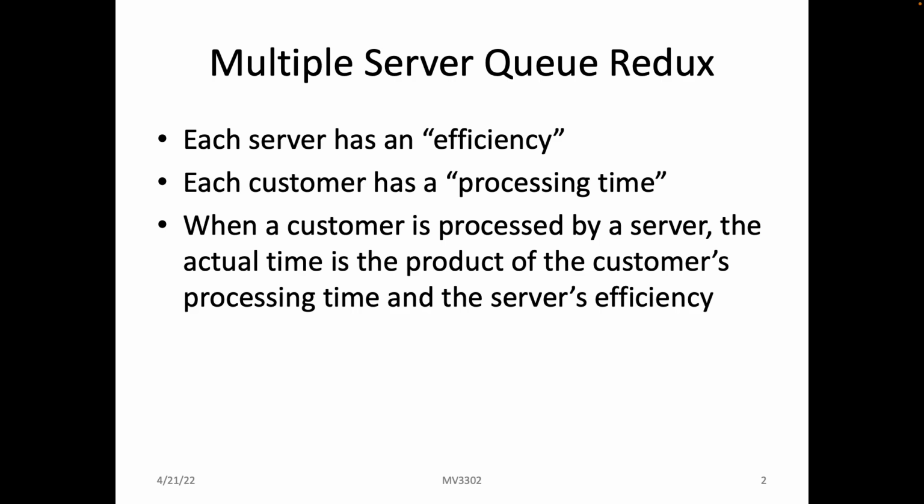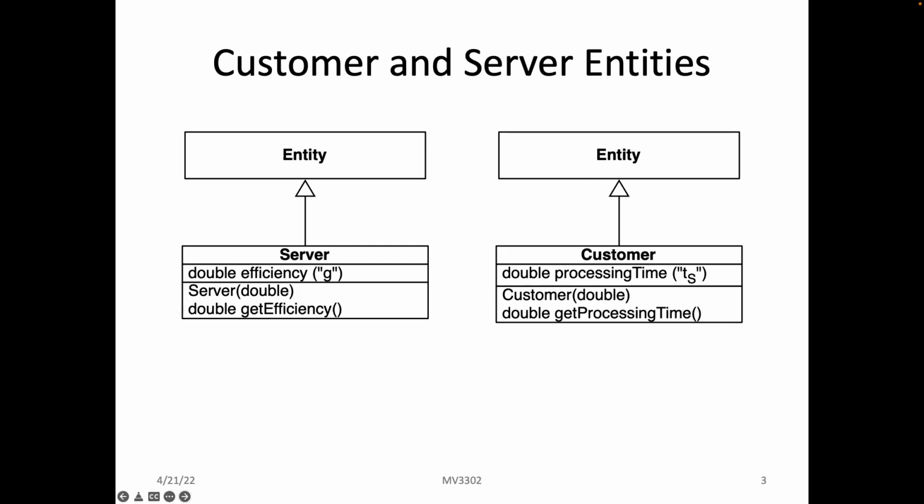Okay, so to model this, we are going to use entities for both the customer and the server. Now our customer, and this is in the renege model, the customer had both a processing time and a renege time. Here we're not dealing with reneges yet.